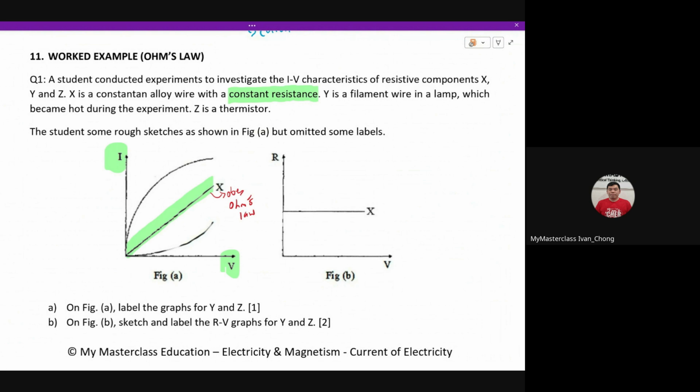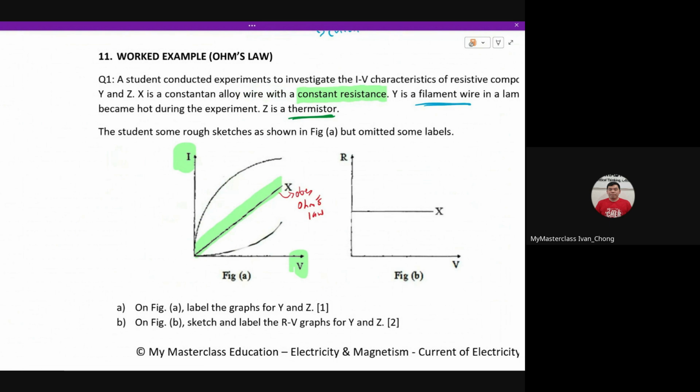Then Y is a filament lamp and Z is a thermistor. So don't need to worry too much about the thermistor itself. It'll make more sense to you next chapter. So for the filament lamp, if I increase voltage, I should have increasing resistance.